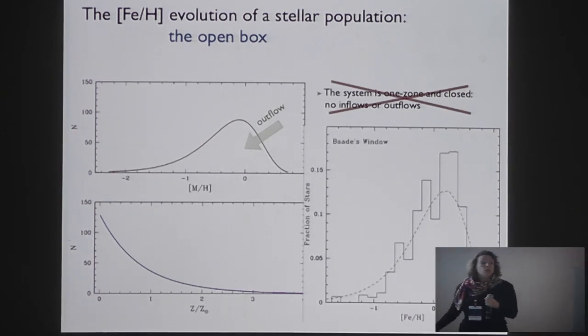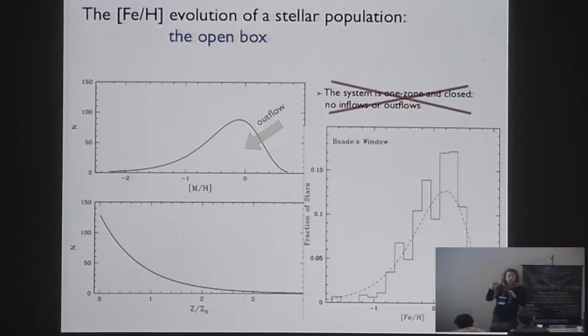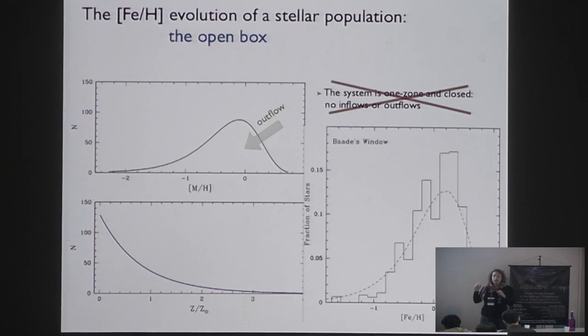So what do we do in practice when we have a distribution in iron? We use it to constrain loosely the infall and the outflow, but we use it a lot to constrain how many stellar populations you have there. Because if you have a single peak, most likely you had a population that formed together.